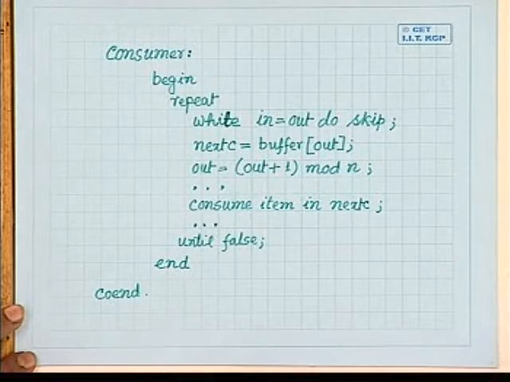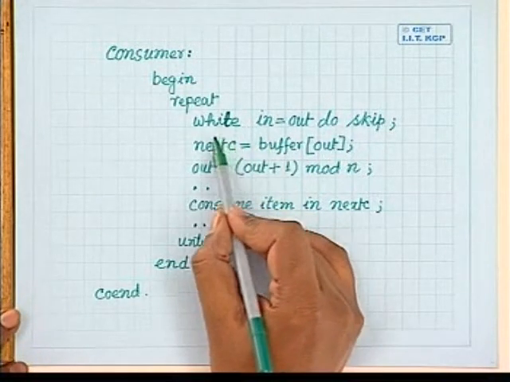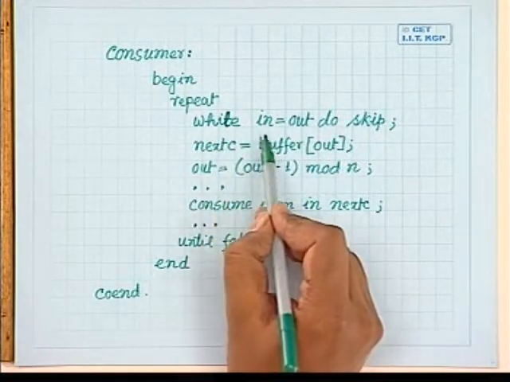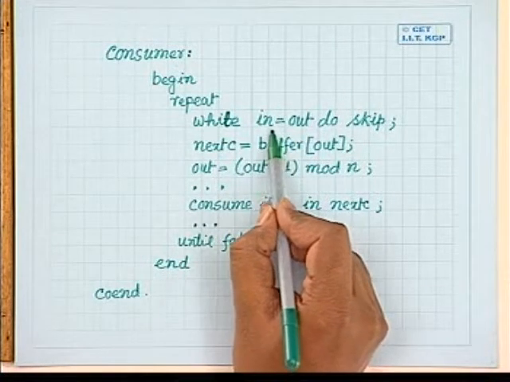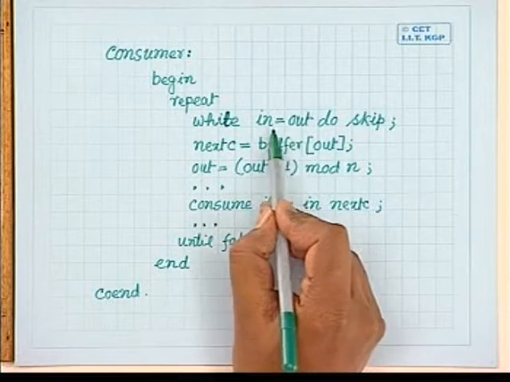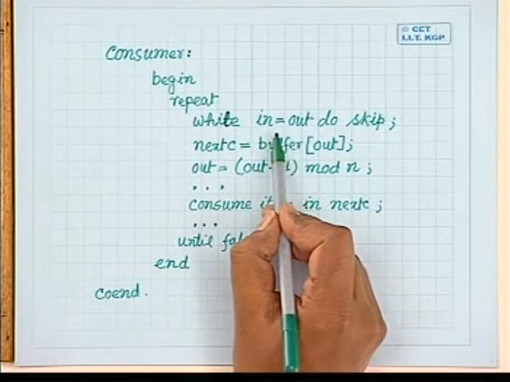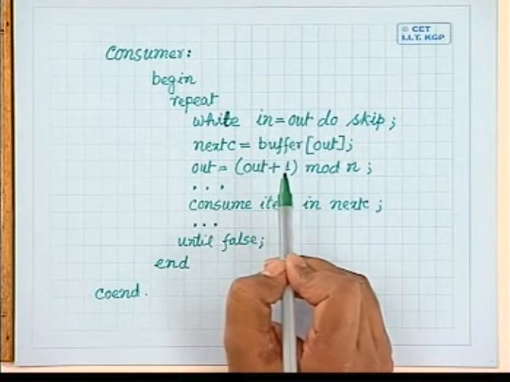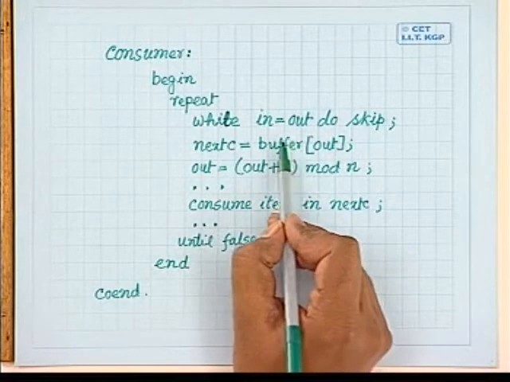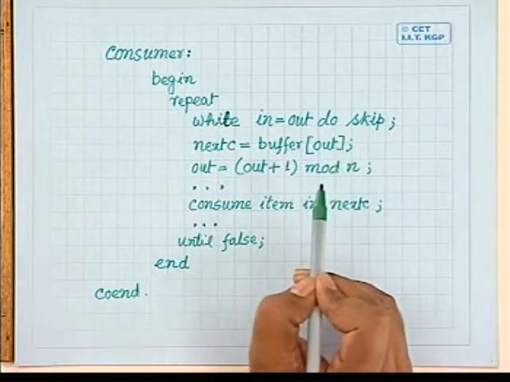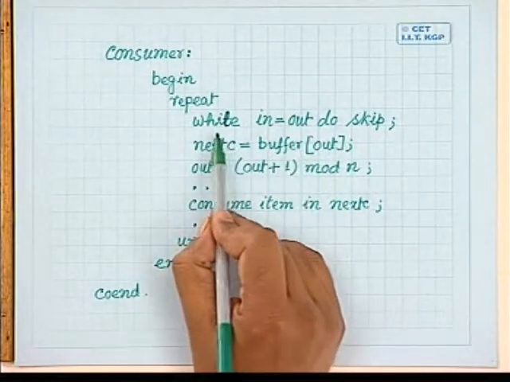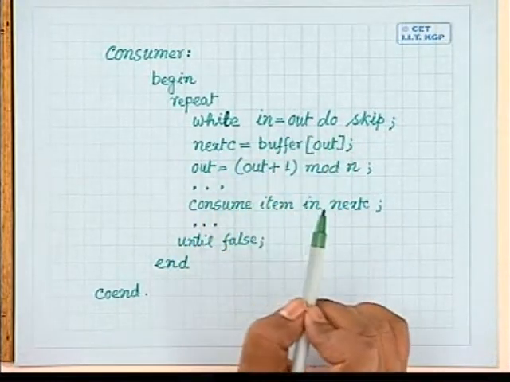In the case of the consumer process, it again checks whether in is equal to out or not. If in is equal to out, that is the condition that the buffer is empty. So when the buffer is empty, obviously there is no item in the buffer which the consumer can consume. So the consumer process will wait in this while loop.